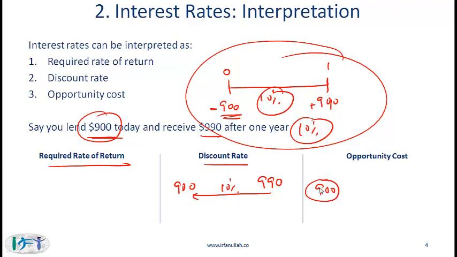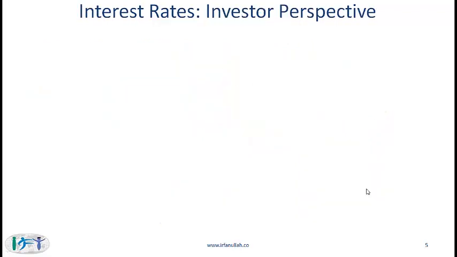What you have then done is you have foregone the 10% return that you might have received. And if you remember, the concept of opportunity cost is the cost of what you forego. In this particular case, what you have foregone is the 10% return. Therefore, 10% can also be thought of as an opportunity cost.